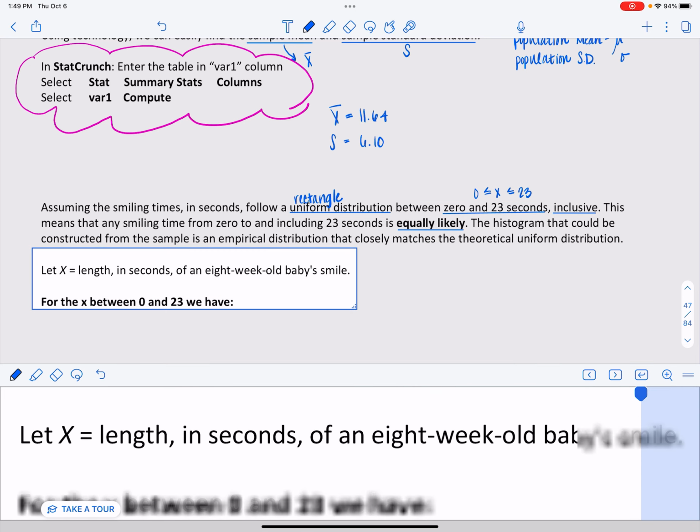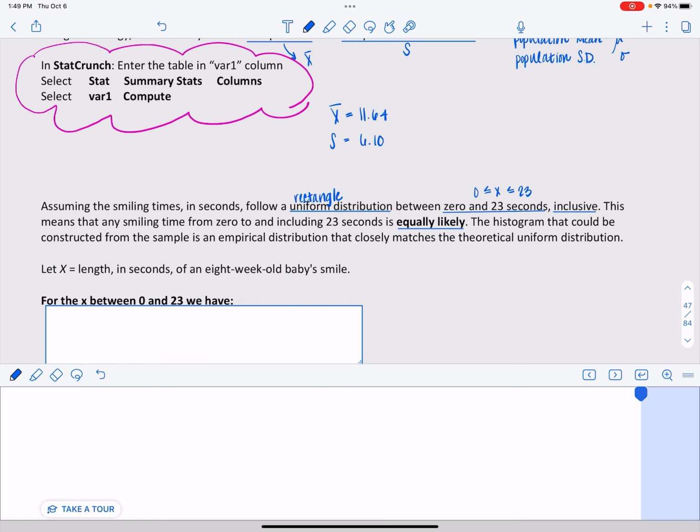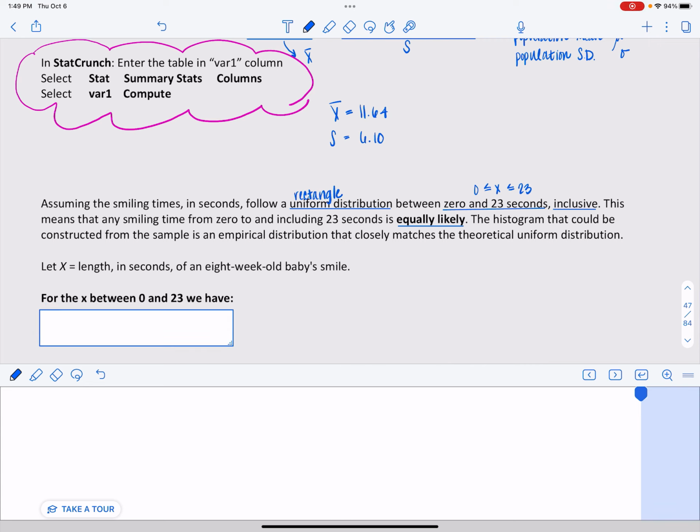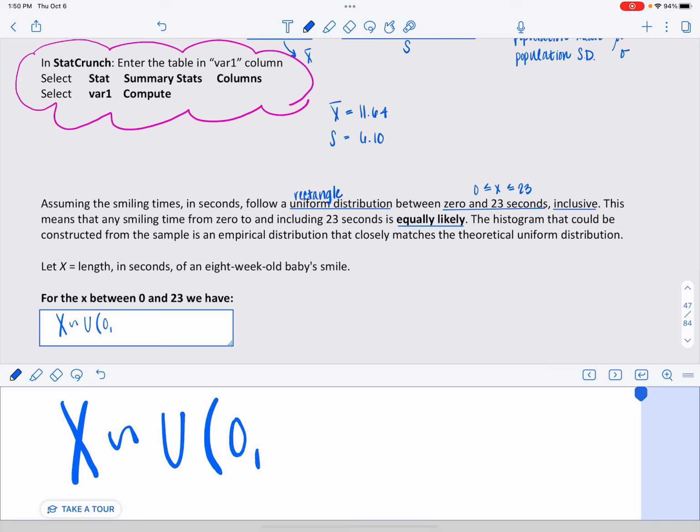So here we go. Here's our big X. Big X is the length in seconds of an 8-week-old baby's smile. So we want to take a look at the uniform distribution function for X between 0 and 23. So if we use the notation from the previous page, that means that we have our random variable X, the uniform distribution from 0 to 23.